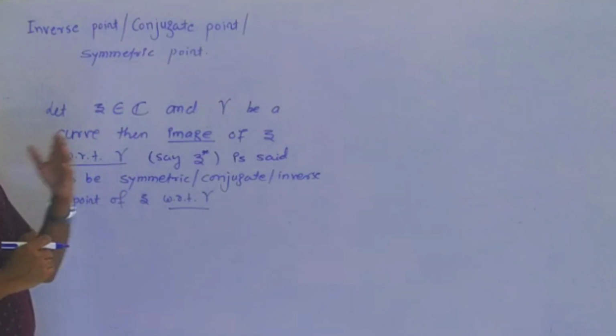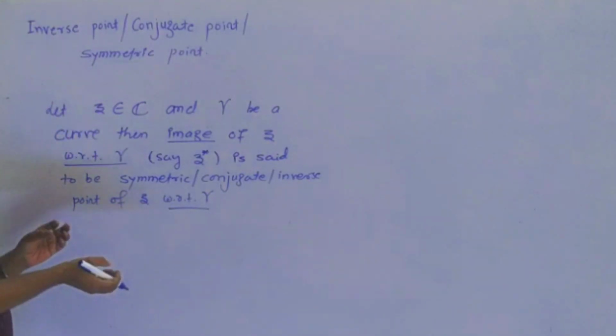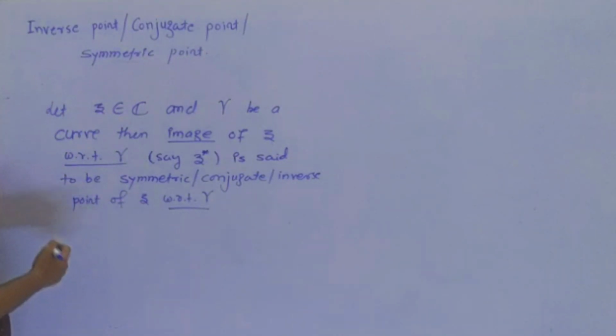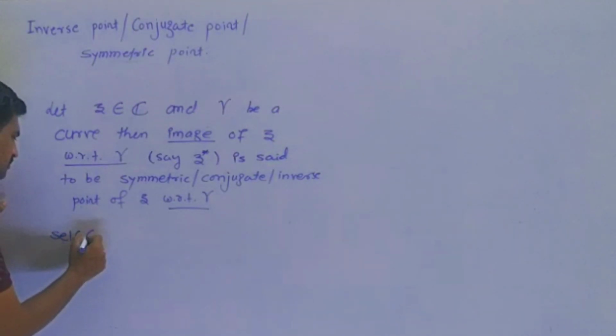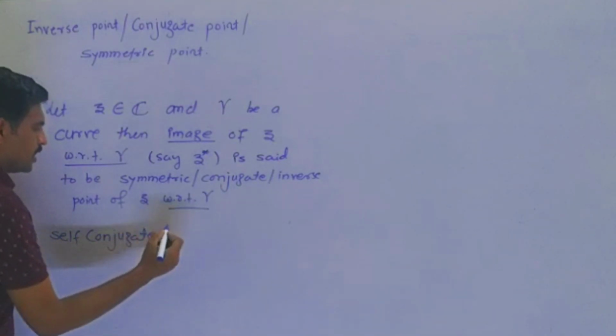Now let me give one more term: what is self conjugate? Self conjugate, or self symmetric, or self inverse point. So self conjugate is what?